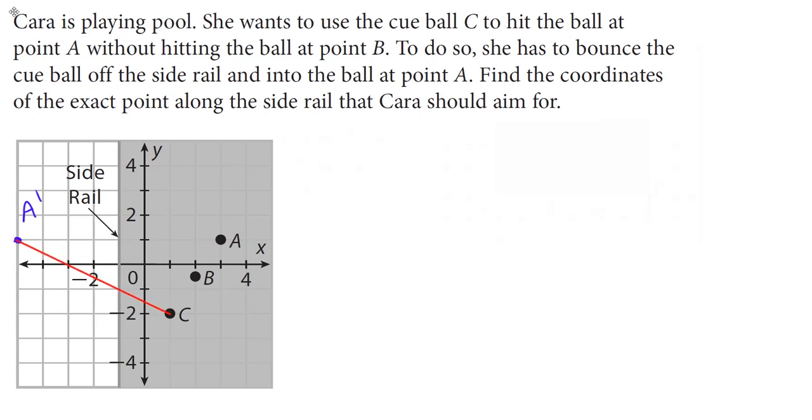And there we go. And so now the point at which this line segment intersects our side rail, that is where we need to aim the cue ball in order to have it bounce off the side rail and strike the ball at point A. So that point here is at -1, -1.